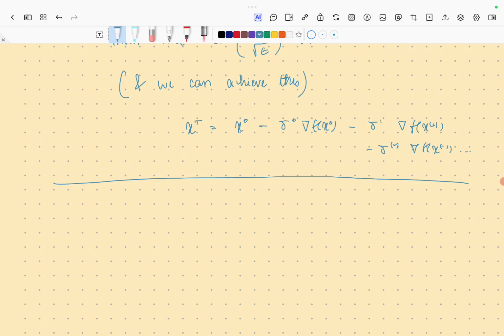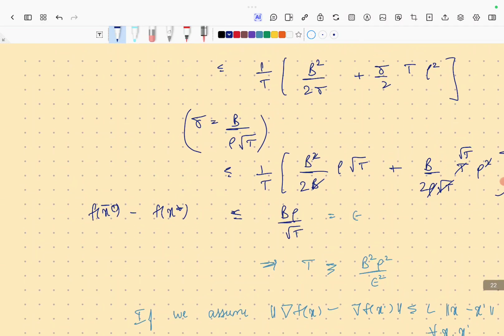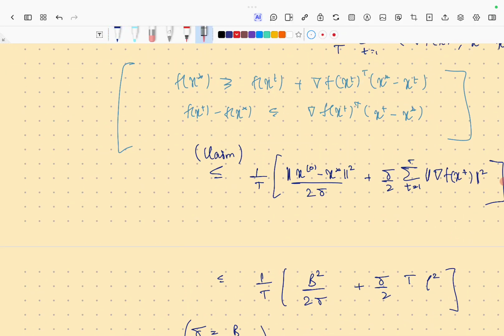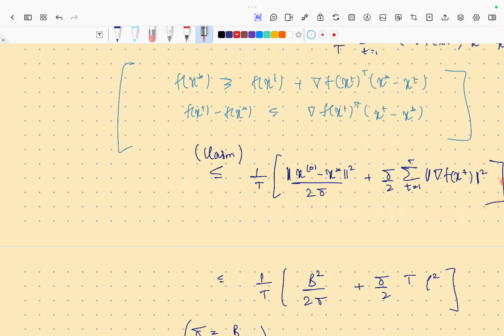Okay, so in the time that I have left, we now have a bound on the performance of gradient descent, assuming that this claim is true. In fact, I'll prove this in a little more generality. It will hold not just for gradient descent, but essentially any descent-based algorithm.